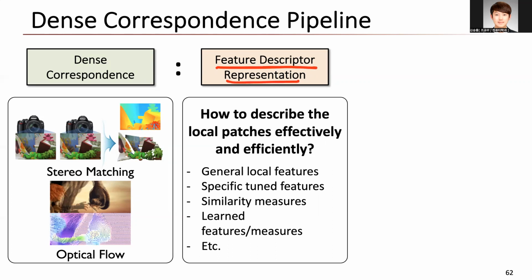So the question is how to describe the local patch effectively and efficiently. For example, the general local feature, the similarity measure, learned feature vector, something like this. This is the research topic in local feature description.